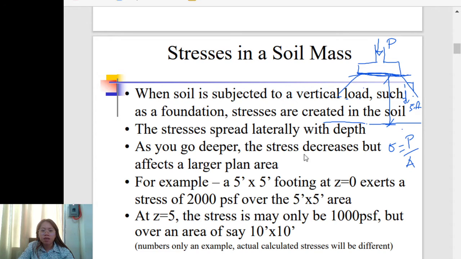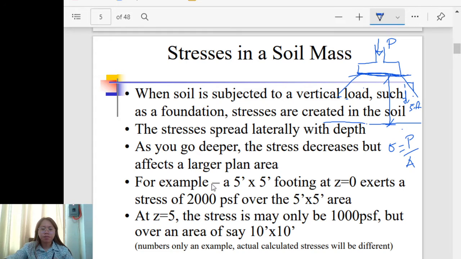That is why as you go deeper, the stress decreases. The numbers are only an example; the actual calculated stress will be different.